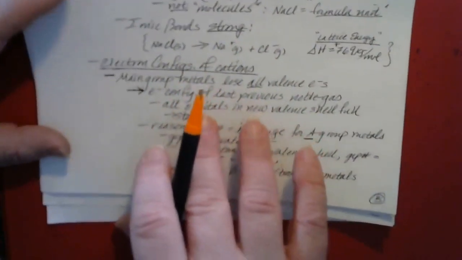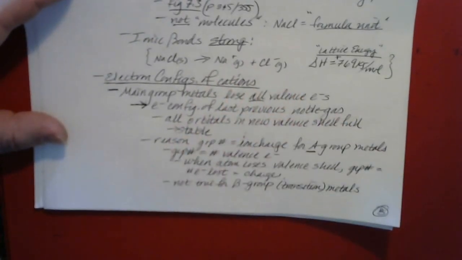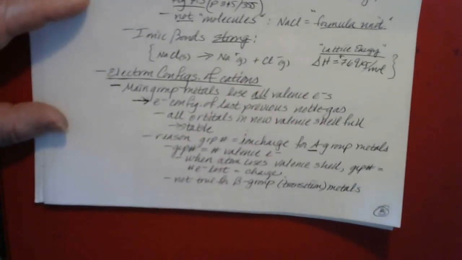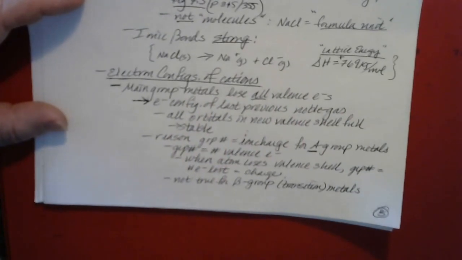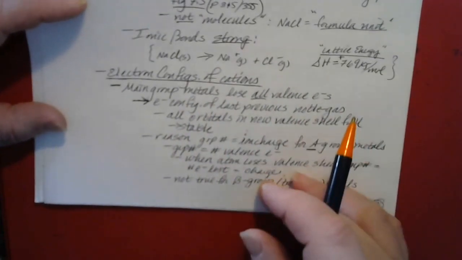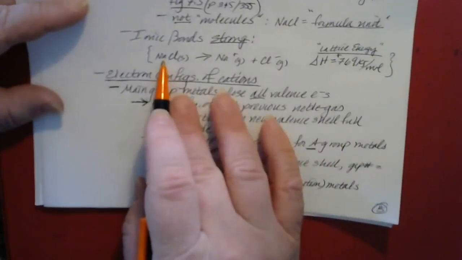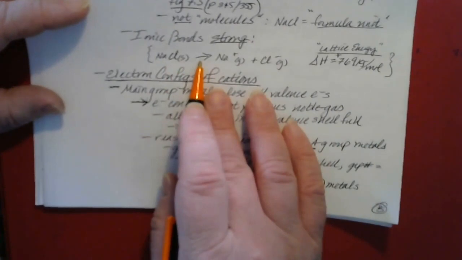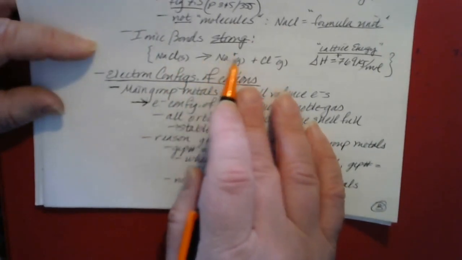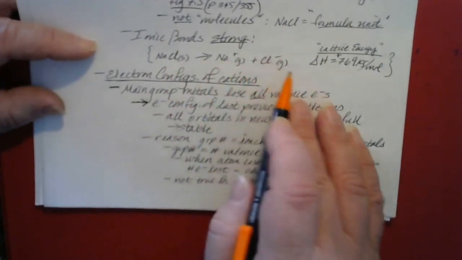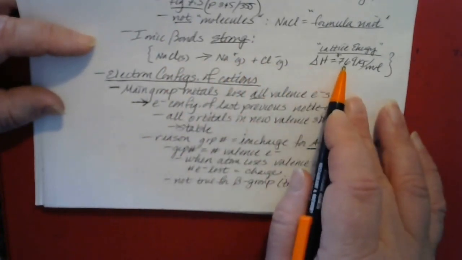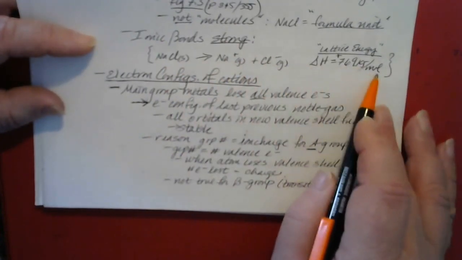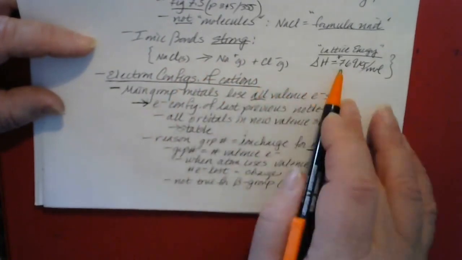What we really mean is the formula unit. Also, ionic bonds are really strong, as I mentioned before. One way you can see that is if you look at the energy that's necessary to separate the ions in the lattice, the crystal array for an ionic compound. So if you take solid sodium chloride and separate it into gaseous sodium ions and gaseous chloride ions, that takes 769 kilojoules per mole in order to do that.